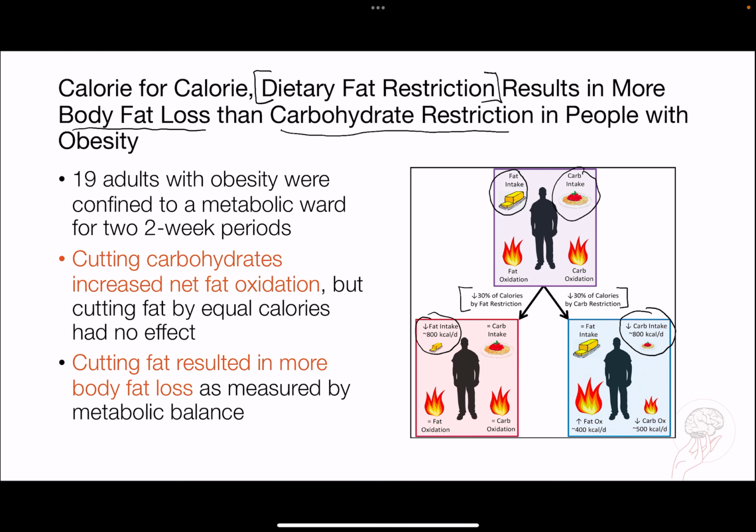And he found that cutting carbohydrates increased fat oxidation, but it had no difference on carbohydrate oxidation. But cutting fat resulted in more body fat loss. So let's unpack that.